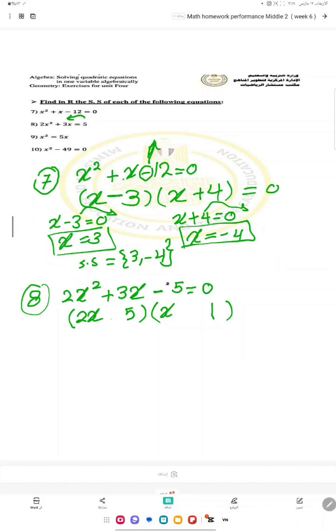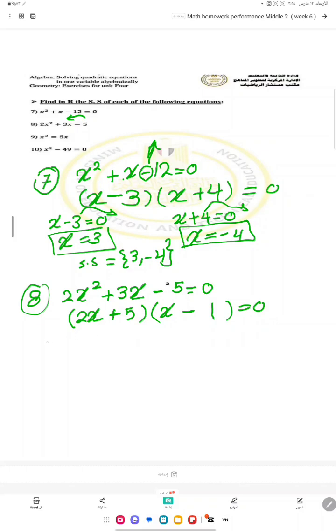The bigger number takes the same sign as the middle, the second is opposite, so it will be positive 5 and negative 1. And this one you can solve easily by calculator. You can press mode 5 3 and do it. Write all the coefficients only.